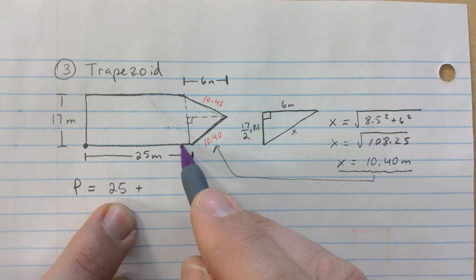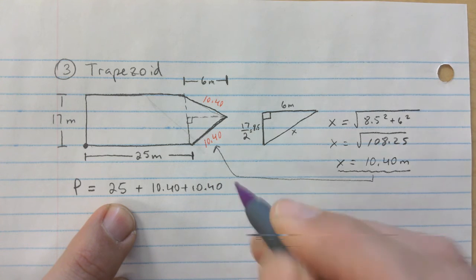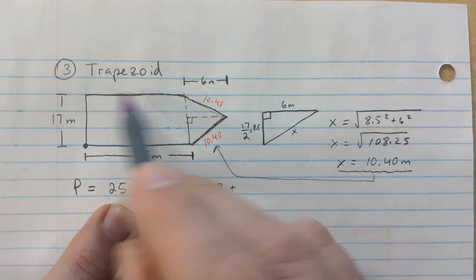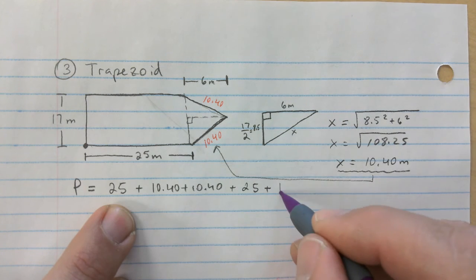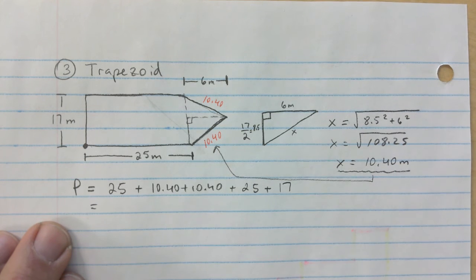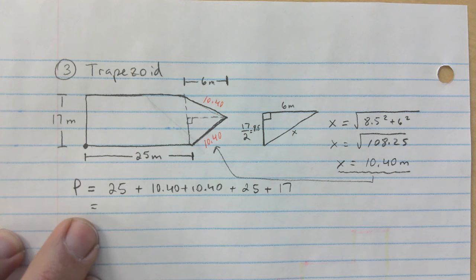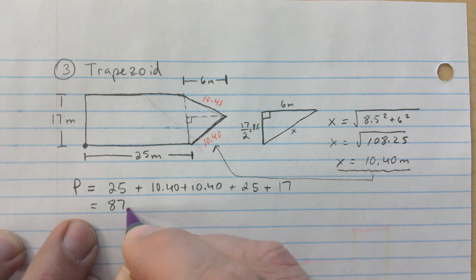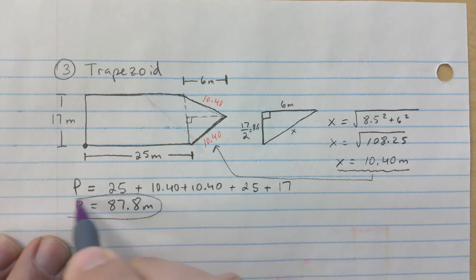So 25 plus 10.40 plus 10.40 plus, right, that gets you to here, plus another 25 plus 17 coming down, and that gives you 87.8 meters. That's the perimeter of that shape.